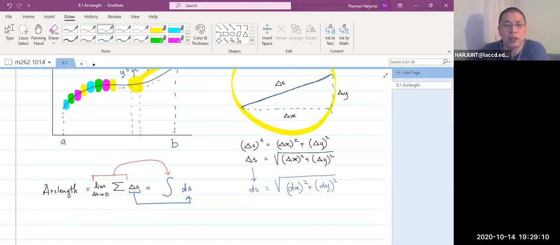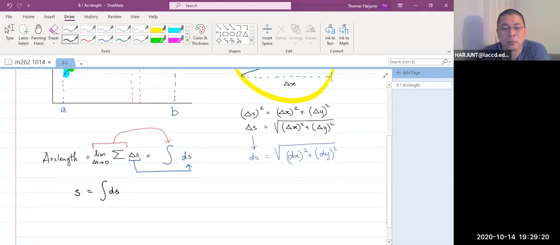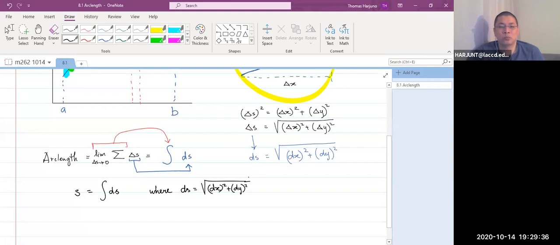That's why arc length is usually denoted as S equals the integral of ds, where ds is equal to the square root of dx squared plus dy squared. And that notation is in line with the notation we have before.